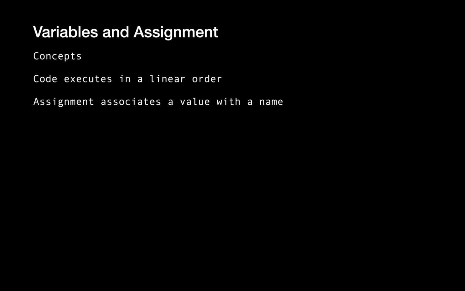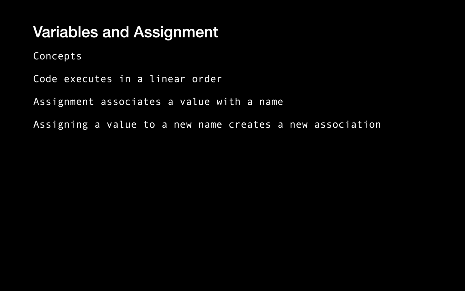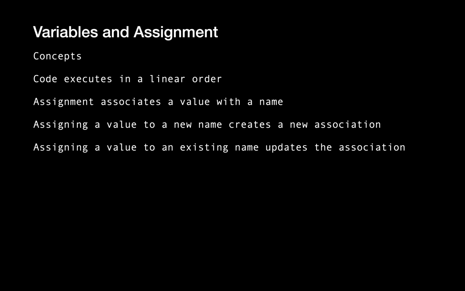So the main concepts for this video are that we have to remember that code executes in a linear order, that assignment associates a value with a name, that when we assign a value to a new name, this creates a new association, but when we assign a value to an existing name, it updates the association and replaces the old value.